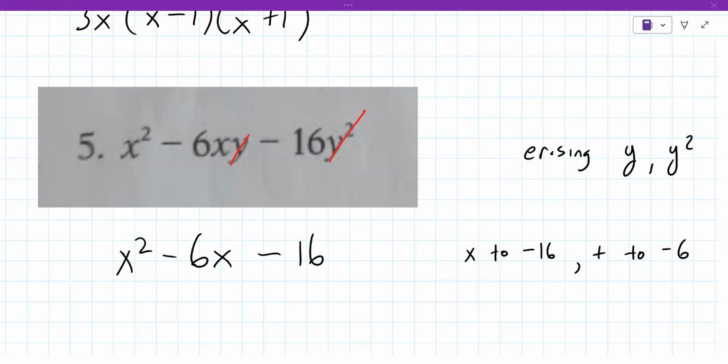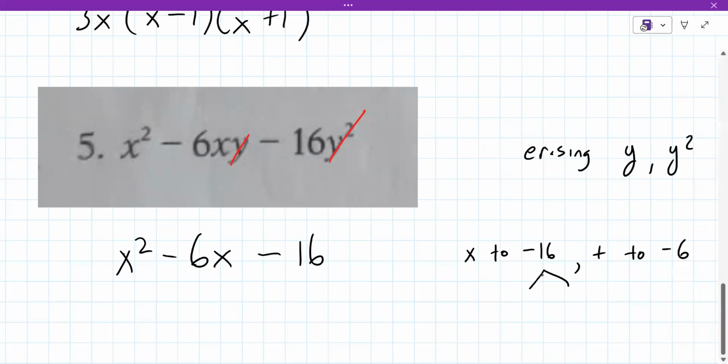So no, we can't do 3. I can't do 3. 4. 4 times 4. But that doesn't make 6.